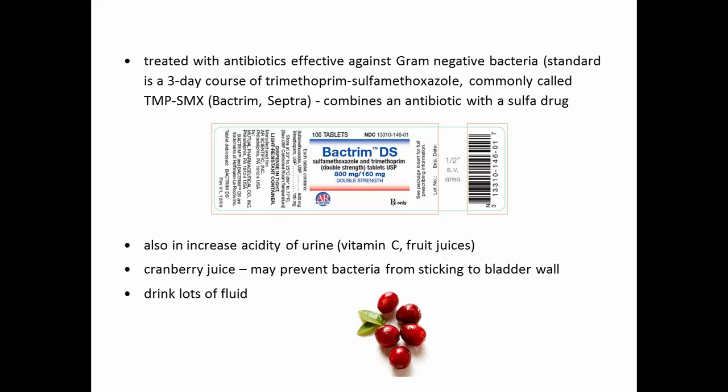Some other things you can do are also to increase the acidity of your urine, because it would be more hostile to bacteria, to prevent them from multiplying. So things like increasing vitamin C in fruit juices. Cranberry juice temporarily increases the acidity of urine.